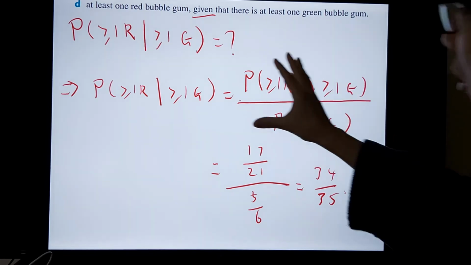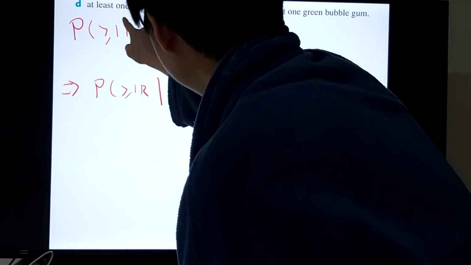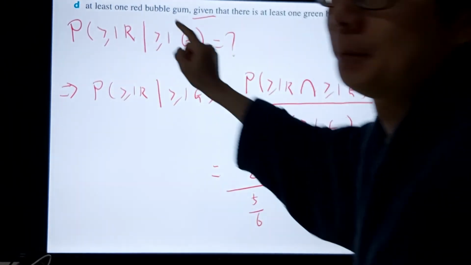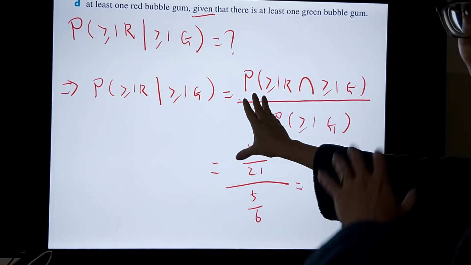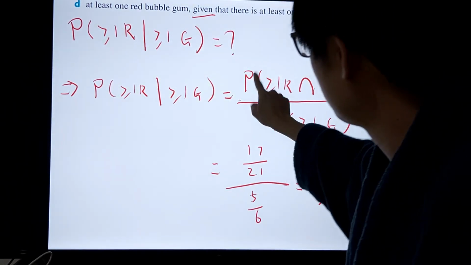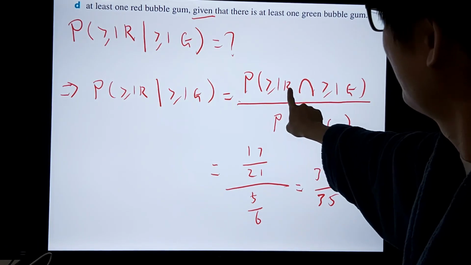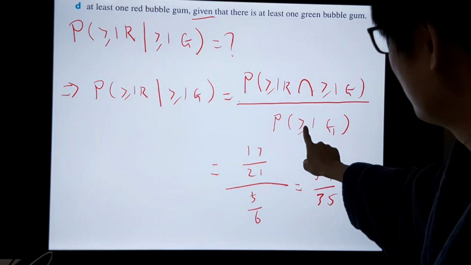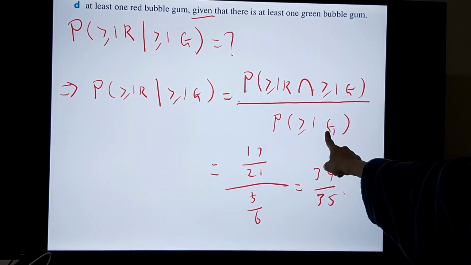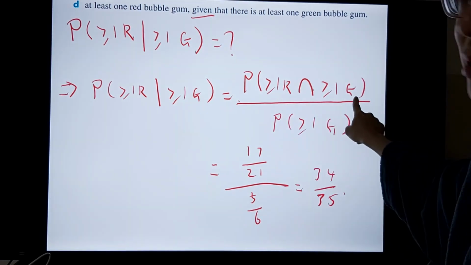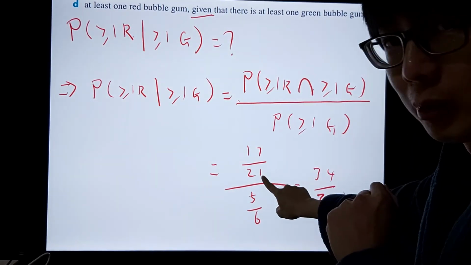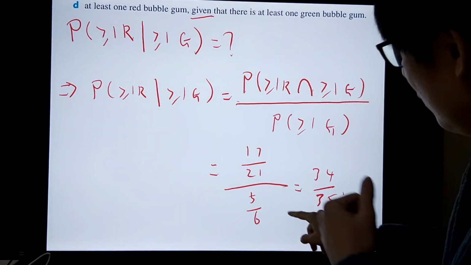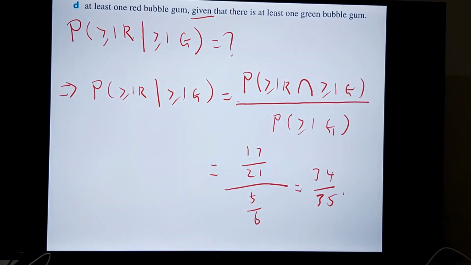So, according to the formula that we have learned previously, this is equal to the probability of at least 1 red and at least 1 green, divided by the probability of at least 1 green. Now, do we have the answer for this? Yes, we just did it previously. 17 over 21 in C. Do we have this? Yes, we did it in B, which is 5 over 6. So divide the 2, you get your answer.